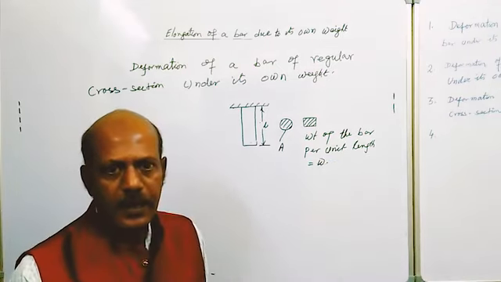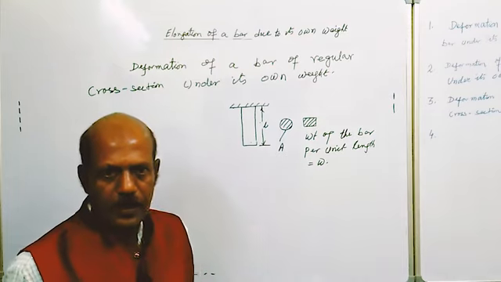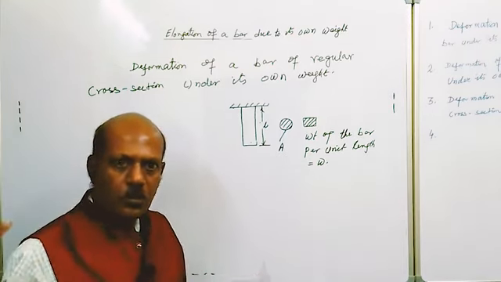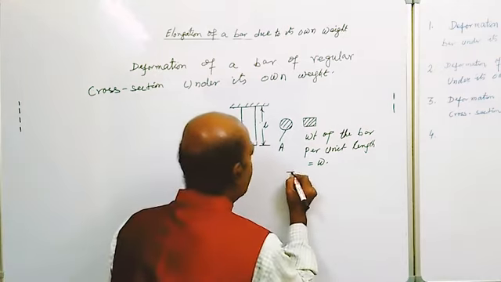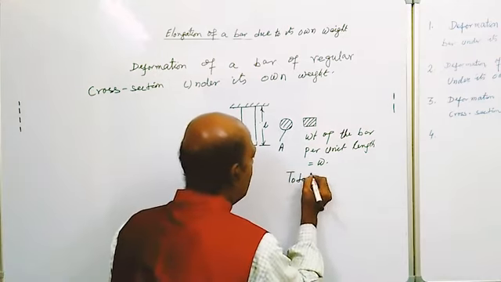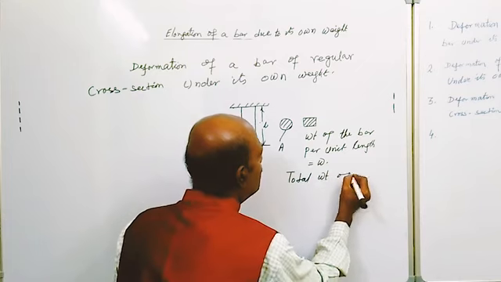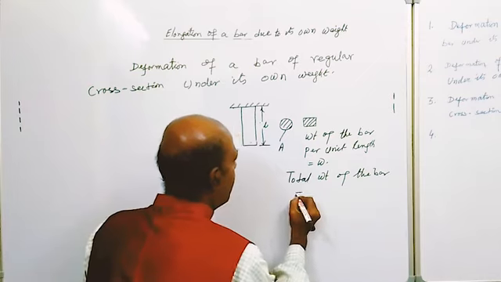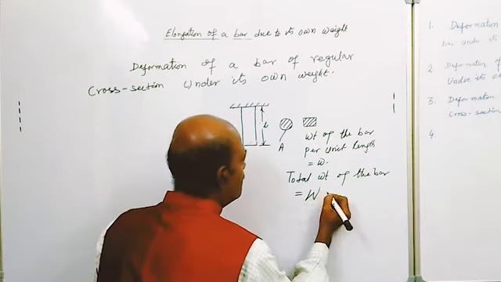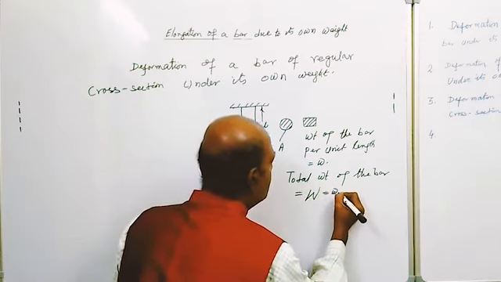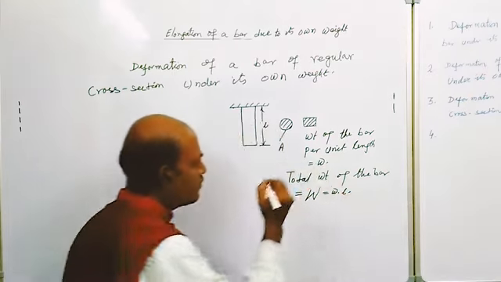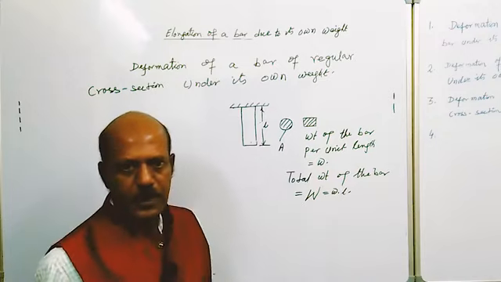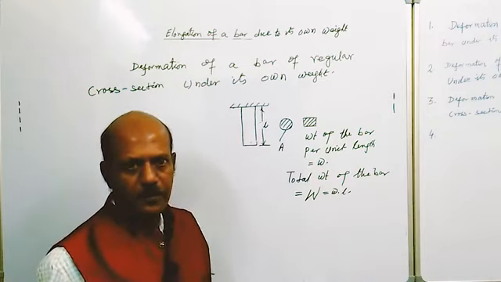So for this given bar, per unit length weight is small w. So we can easily find the total weight of the bar. Total weight of the bar is capital W equal to small w into L, that is weight of the bar per unit length into length of the bar. That will give you the total weight of the bar.